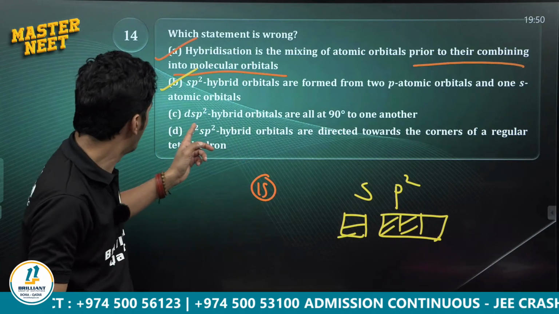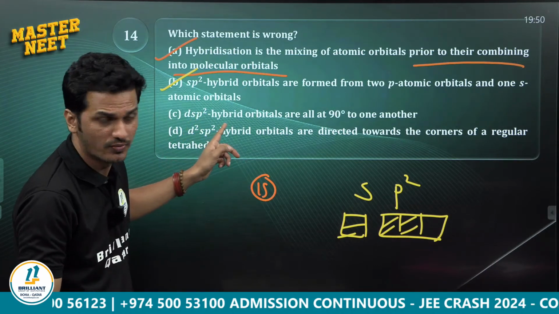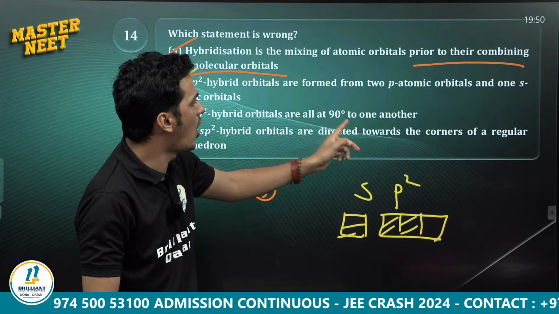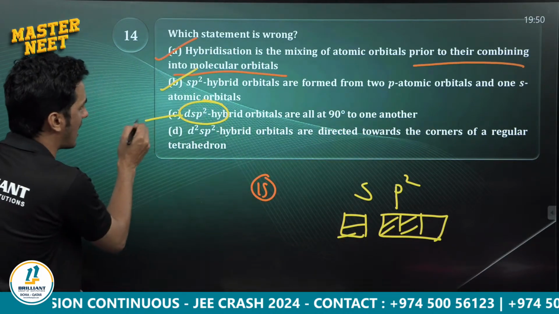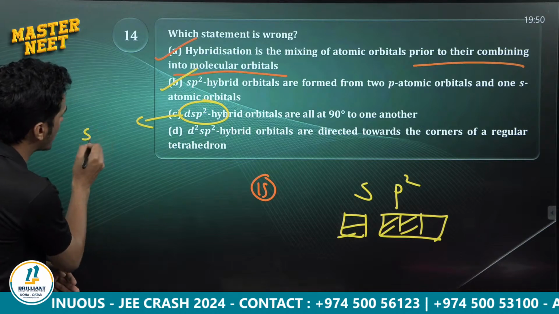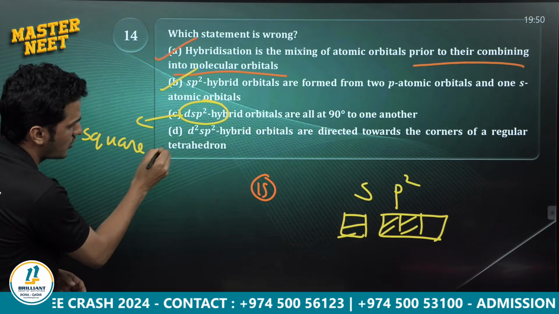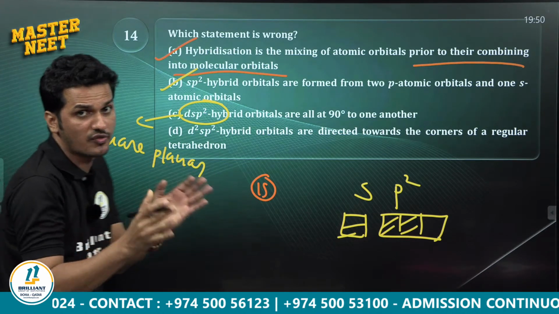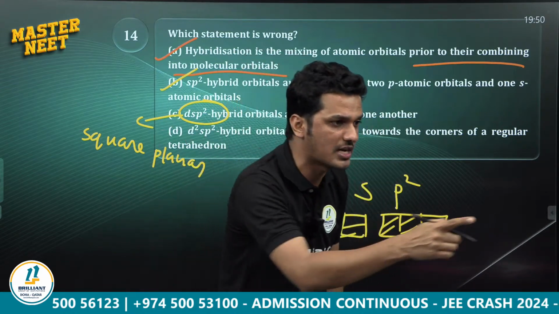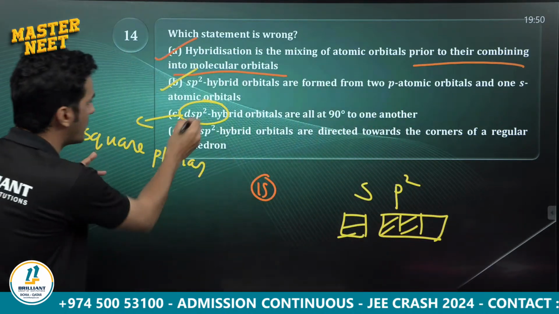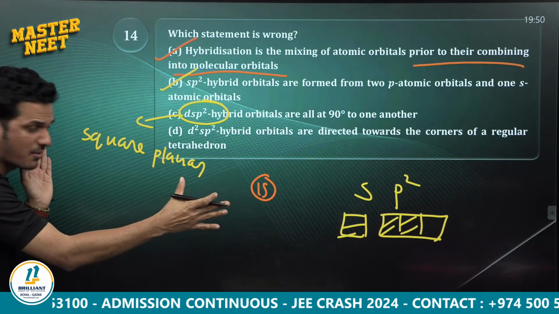What about C? dsp2 hybrid orbitals are all at 90 degrees to one another. That's correct. This is actually square planar. dsp2 means they are square planar. You need the knowledge from which chapter? Coordination compounds. This idea we apply in coordination compounds.